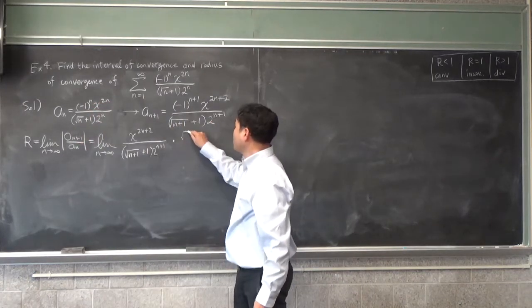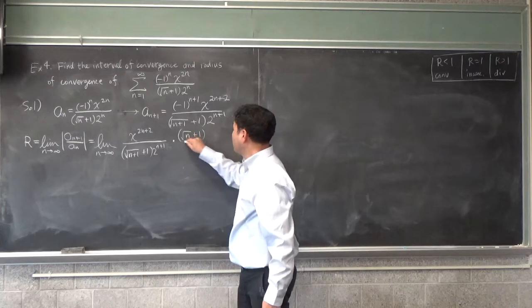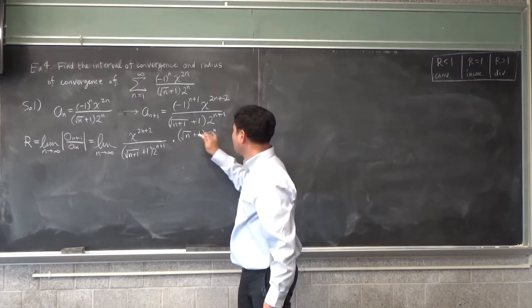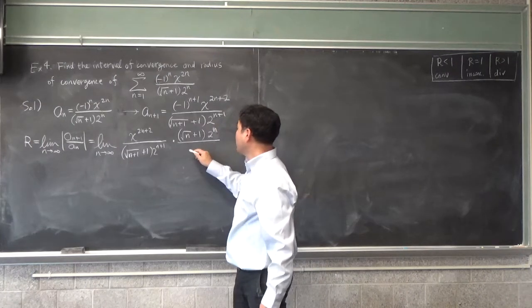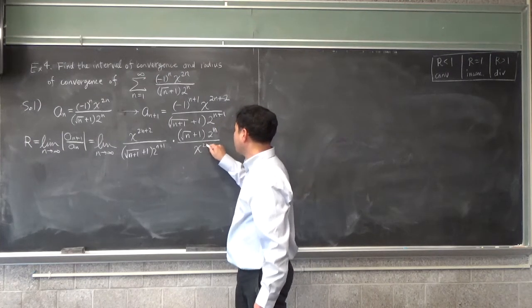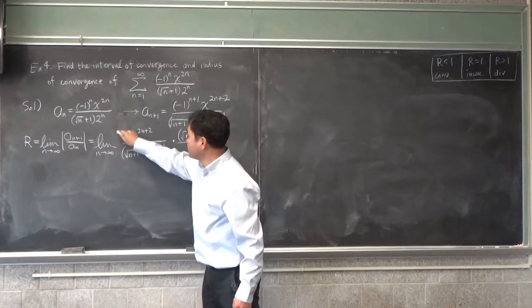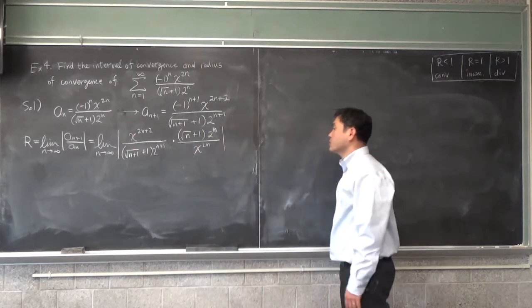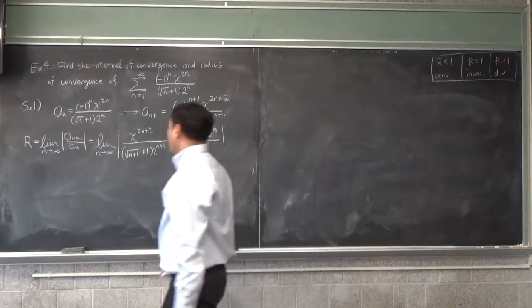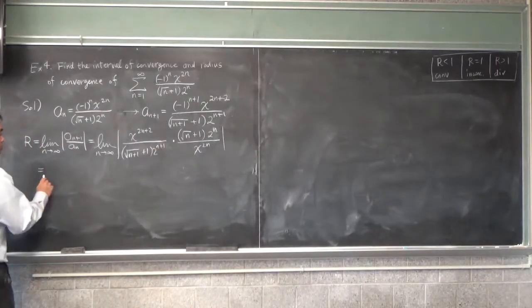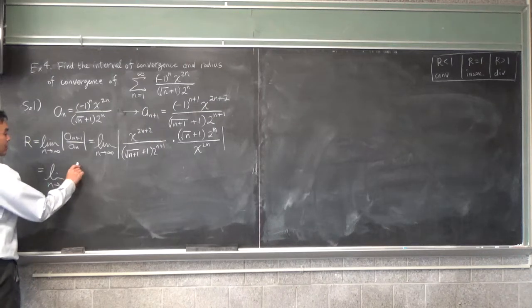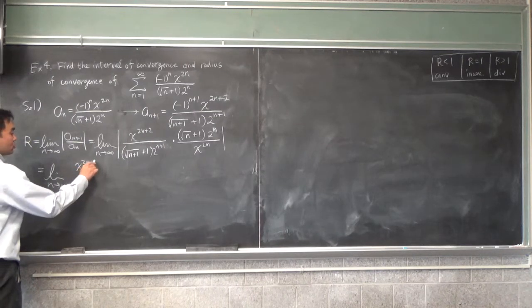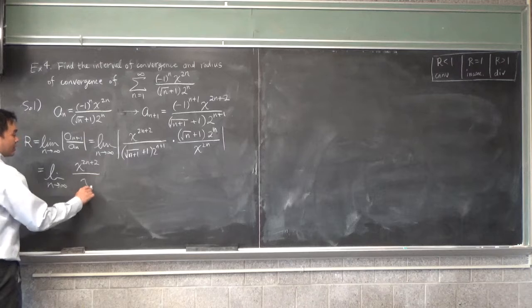So you have square root of n plus 1 times 2 to the n power divided by x to the 2n, absolute. Okay, and then the limit n going to infinity of x to the 2n plus 2 divided by x to the 2n.